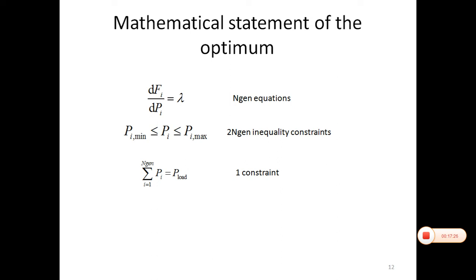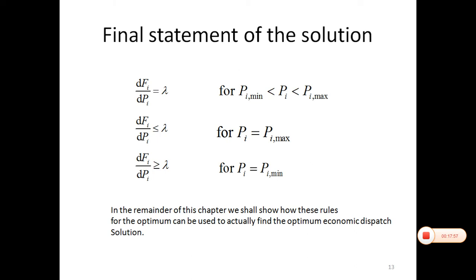So this is again a summary: if we have n equations and the requirement is that our solution should lie between upper and lower limits, then incremental fuel cost will be equal to lambda. This will be the required solution. And if we have 2n inequality constraints, divided into upper and lower, and one equality constraint, that summation pi equals P load, then for the solution to be between minimum and maximum limits, the incremental fuel cost equals lambda.